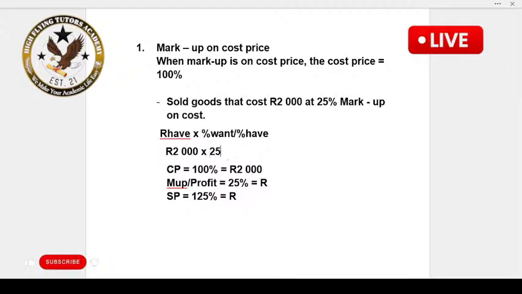You want to say 25 out of 100, right? We are following this formula where it says the rent value you have, which is 2000, multiplied by the percentage for the rent value you want, which is 25. You want the rent value for this, and then divide by the percentage for the amount you have. When I say divide by the percentage for the amount you have, it means you divide by the percentage of 2000. The percentage of 2000 is 100. So you see I divide by 100 right there.